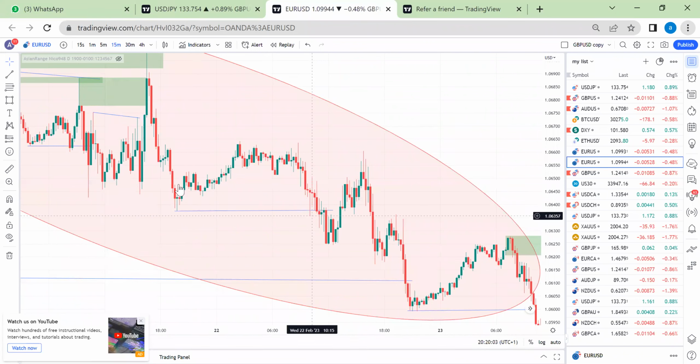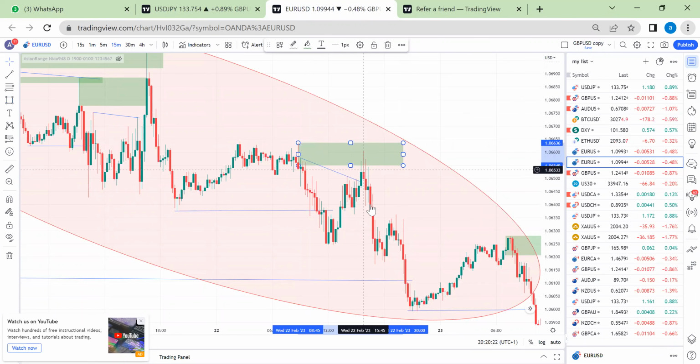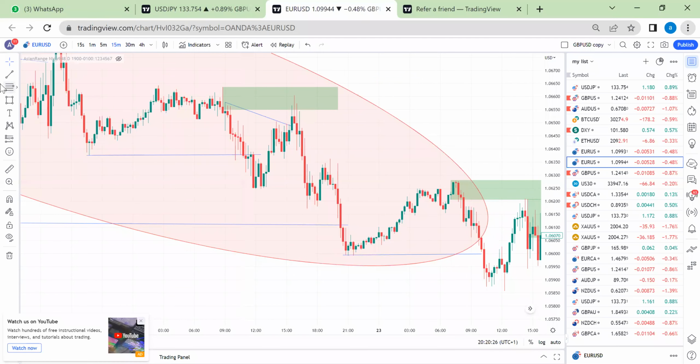Okay, so we have all this, as you see, it's like trend lines, liquidity, and price tapped into this POI and continues its journey downward again. Then we had the break of structure here.